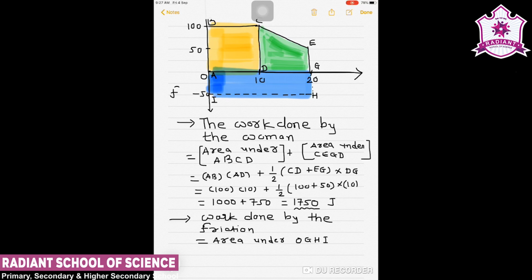That is again minus 50 into 20, which is minus 1000 joule. So the total frictional work is minus 1000 joule, and the area on the negative side of the force axis has a negative sign. This is the frictional force applied by the surface. So this is the graph and the calculation from the graph.